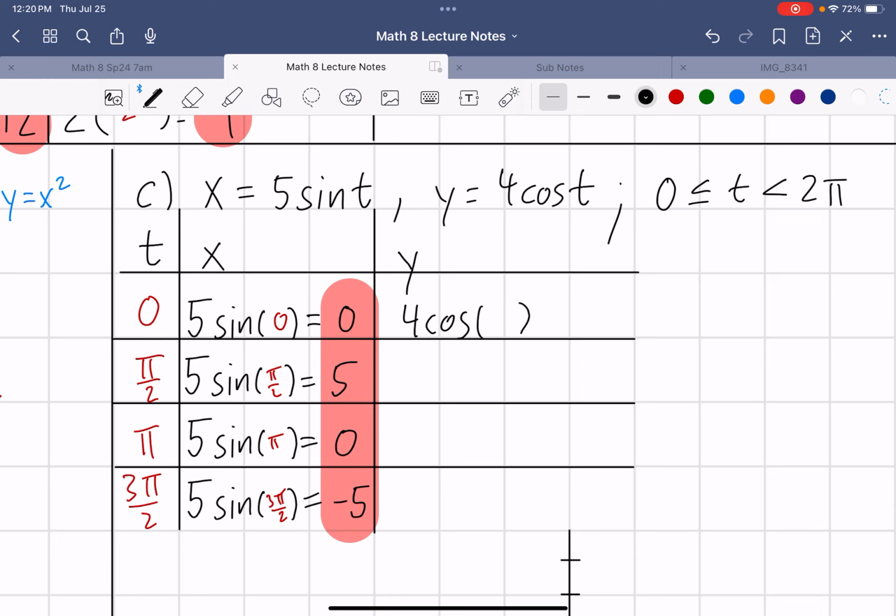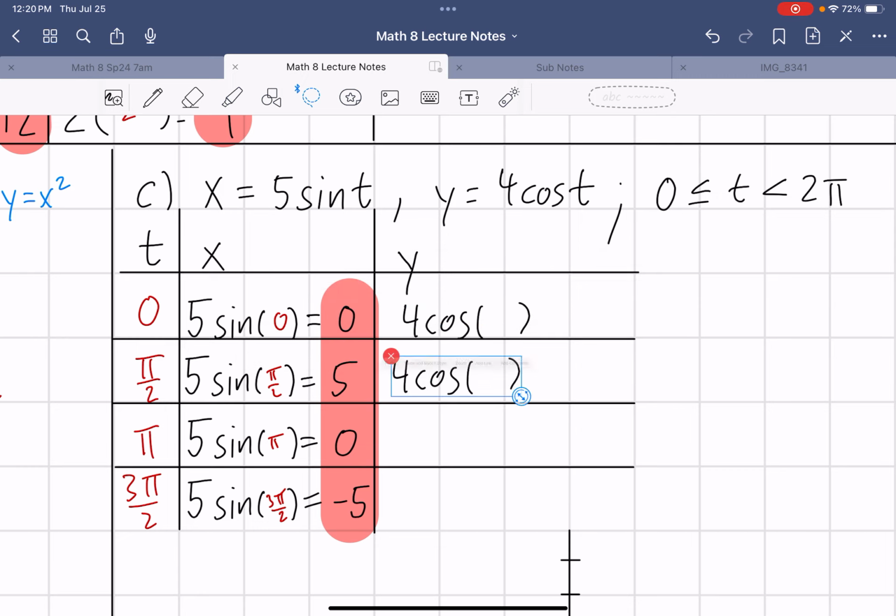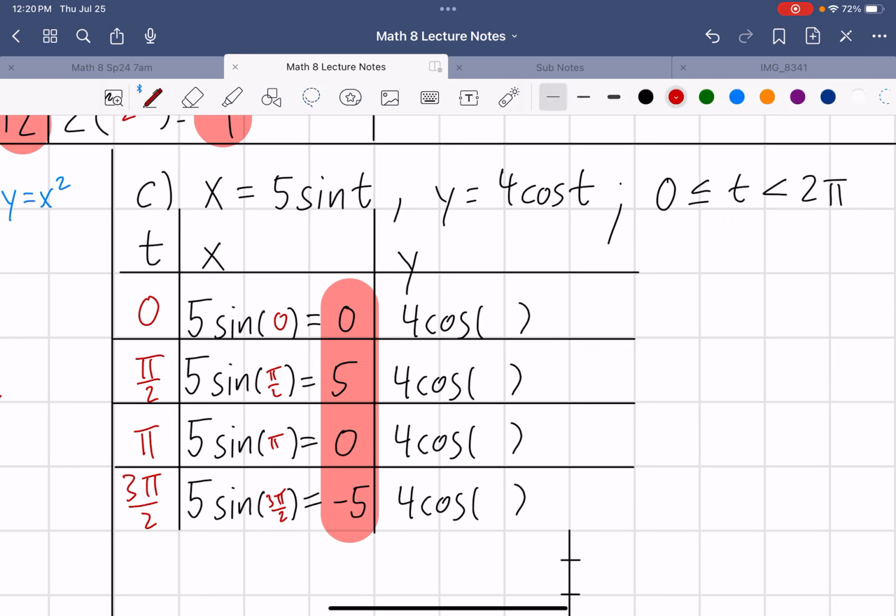Now we're doing cosine, so let's not mix that up. And let me input all my y's. And that's, of course, going to be 0, pi over 2, pi, 3 pi over 2.